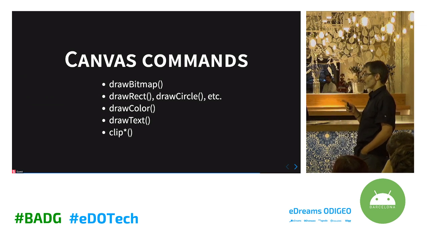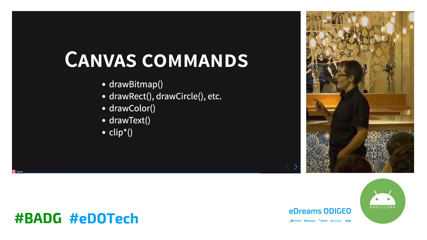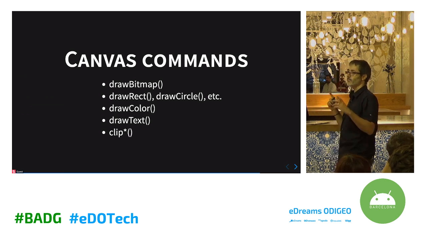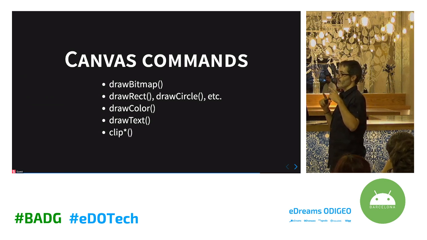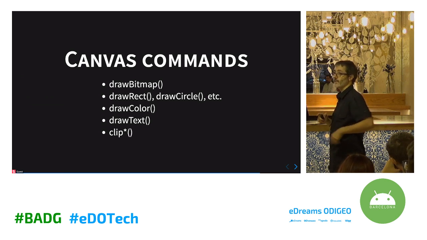And another important detail is to be able to use clip. So basically, clip is a set of commands that allow us to clip what we are drawing in the screen, in the canvas. By default, the canvas is constrained, so we are drawing inside this canvas.